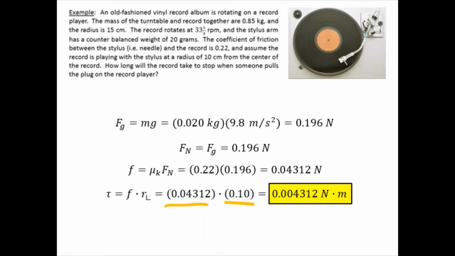So basically we take the friction force of 0.04312 newtons times that moment arm of 0.10, and when we multiply those we get the amount of torque that's slowing down the record player. And again, notice it turns out positive here because the presumption is our record is spinning in a negative direction, and so the torque would actually be acting the other direction so as to slow the record down.